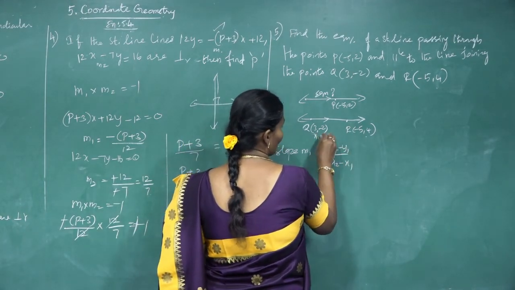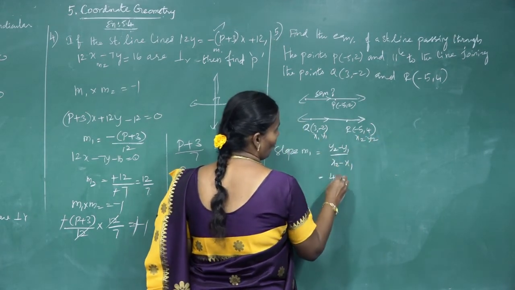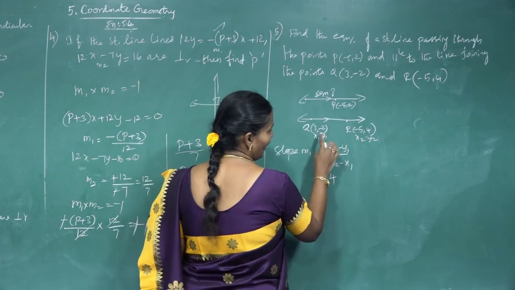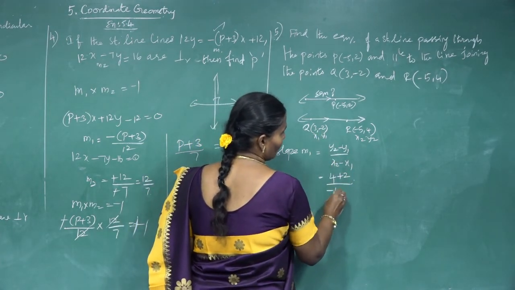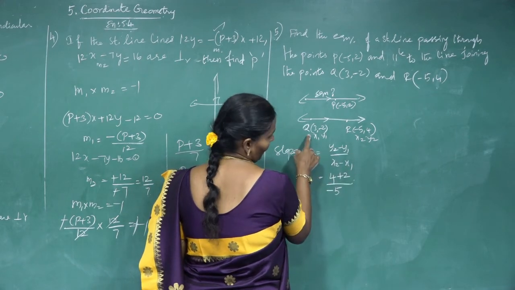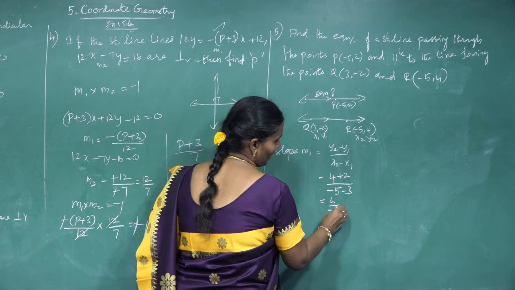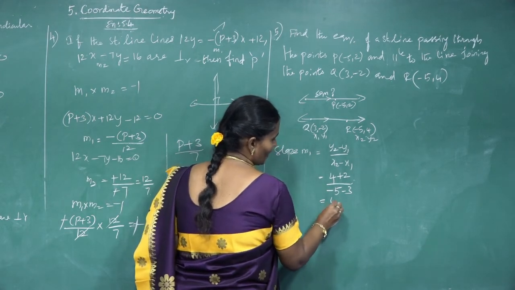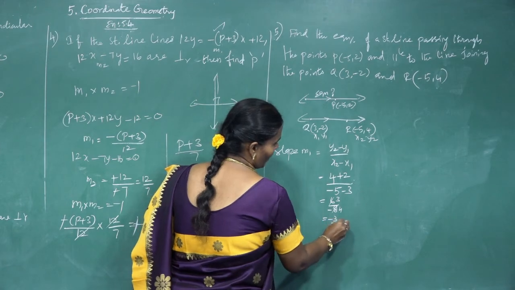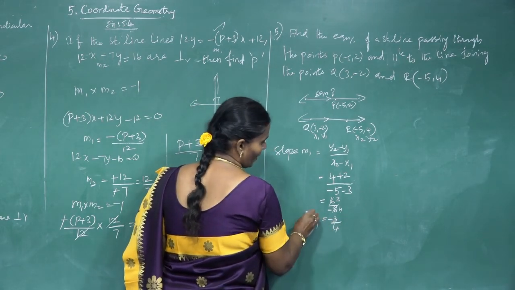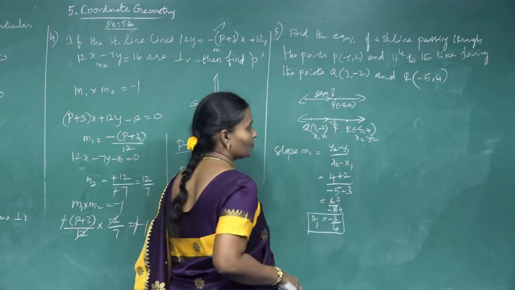Consider x1, y1 and x2, y2. So y2 is 4, y1 is minus 2, so minus of minus is plus 2. Then x2 is minus 5, and x1 is 3, so minus 5 minus 3. So 6 by minus 8, cancel with the 2 table: 3 times, 4 times. So minus 3 by 4, this is m1. The slope of this line is minus 3 by 4.